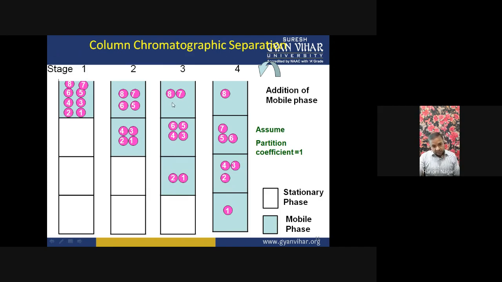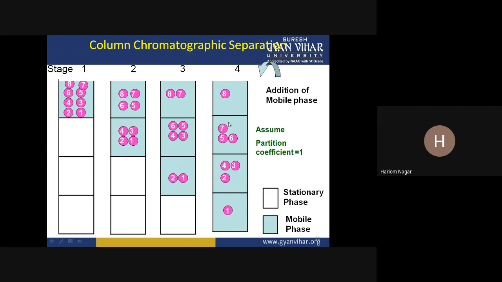As the mobile phase keeps moving, the components also move further forward, and at this stage the column is saturated by these compounds. Here we can see the first component is separated from the others, and this is also separated, and they elute from the column at different rates.